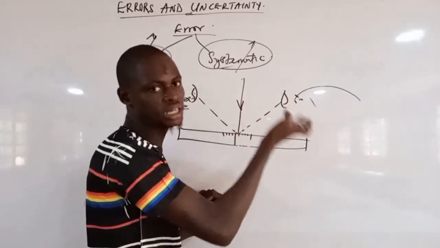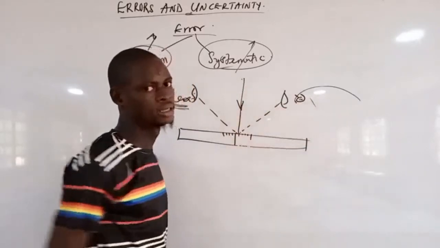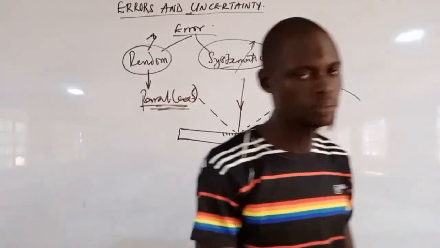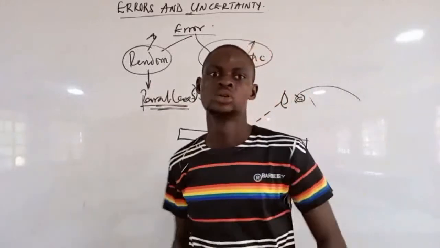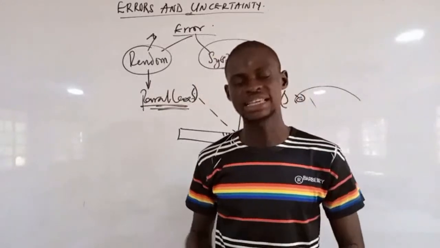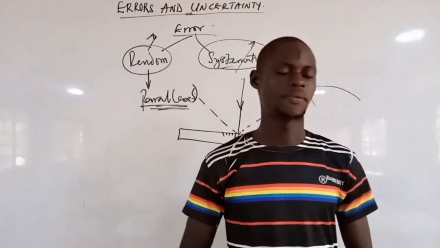Then after the reading, I'll need to subtract 10 away from it, so as to take care of that error. That is that for error.